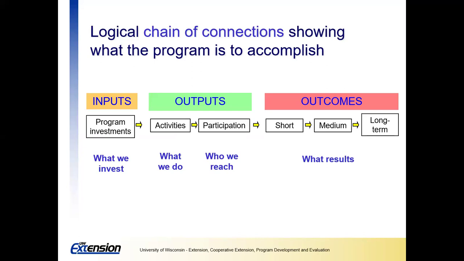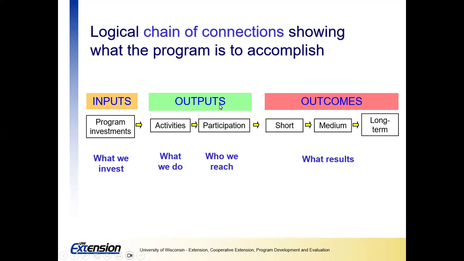So let's look at an example of a chain of connection when we're looking at a larger model. We talked about input. Another way of putting input is what we call program investment, or what do we need to invest in order to bring about the solution to the problem that we're trying to solve.